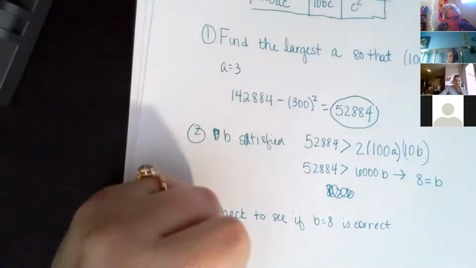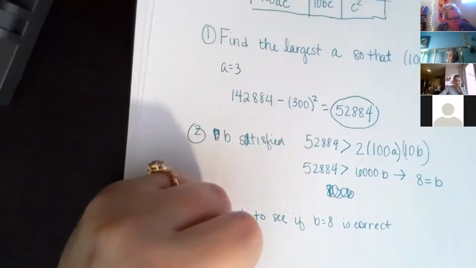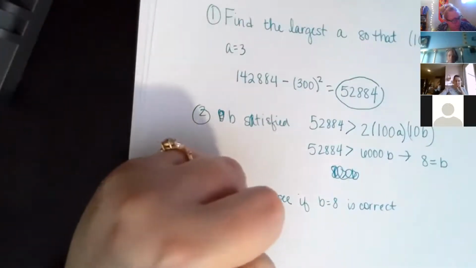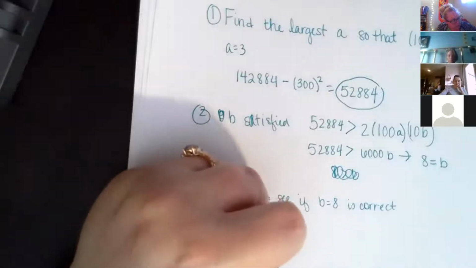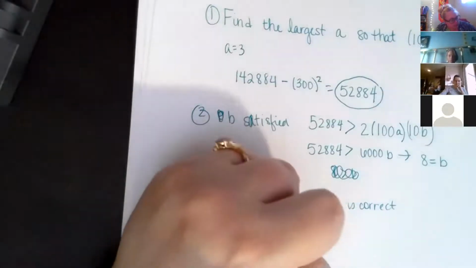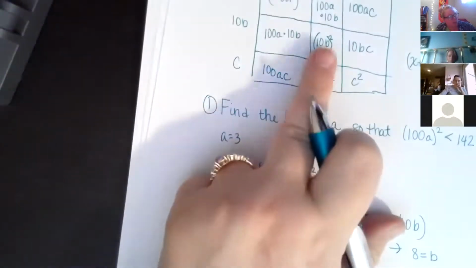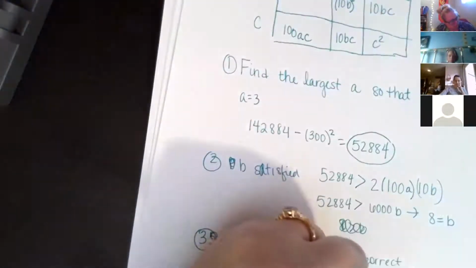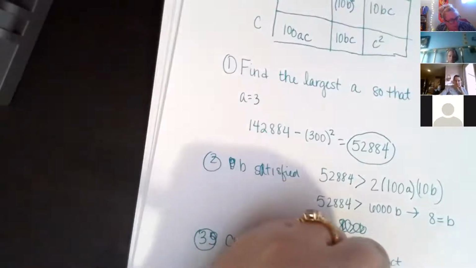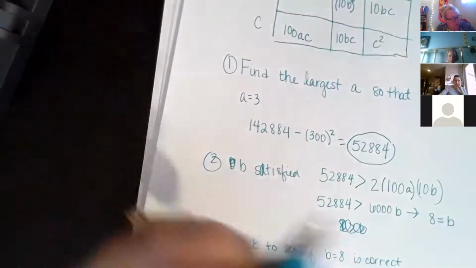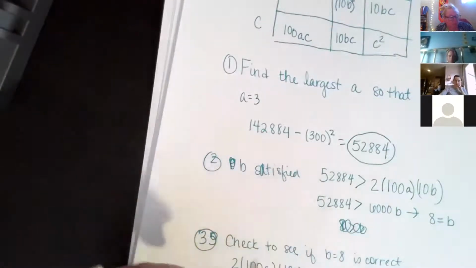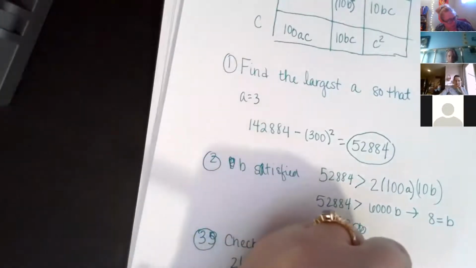So we're going to check to see if 2 times 100a times 10b plus that 10b squared part is less than that 52,884, right?